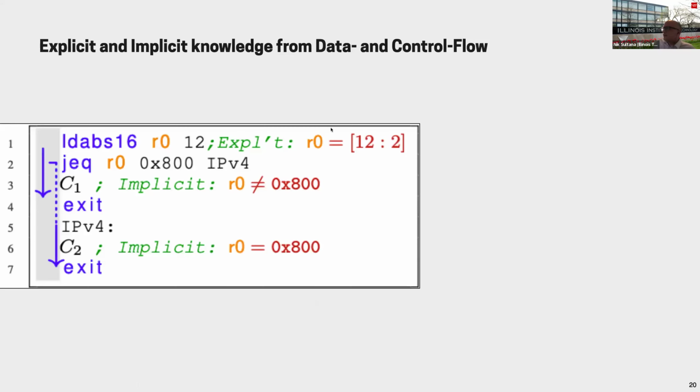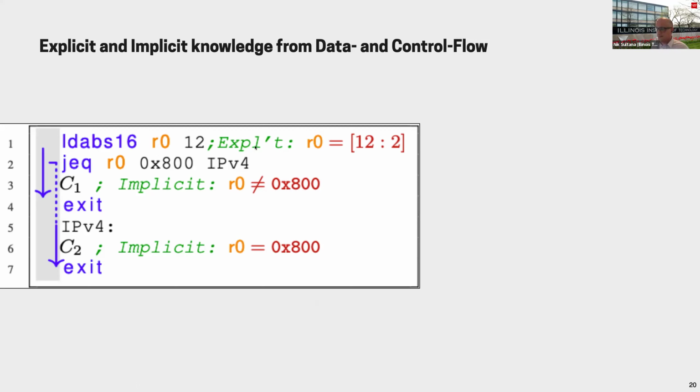So to give you a sense of complexity, note that you can write code that itself encodes a distinction between what a packet contains. So here we have explicit knowledge that R0, right here, the ether type, has a certain value.